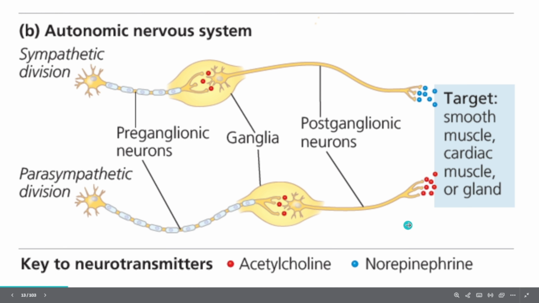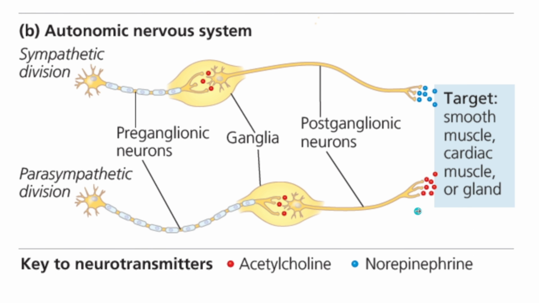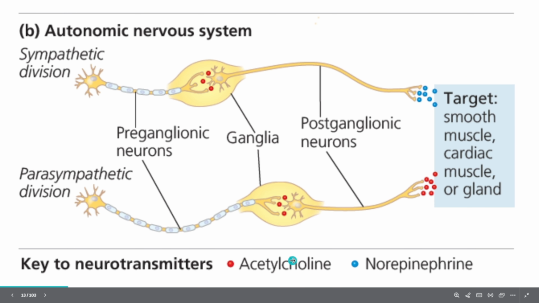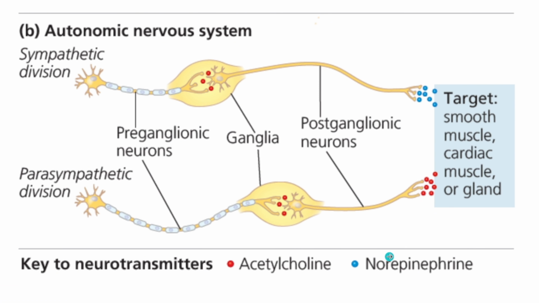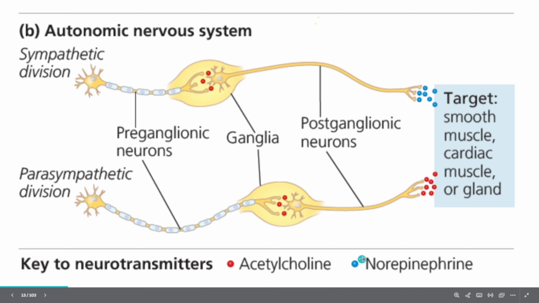If you still remember in the last chapter, chapter 9, in the regulation of heartbeat, you know that acetylcholine will decrease your heartbeat rate, while noradrenaline will increase your heartbeat rate. That kind of mechanism. In this chapter, we will learn in more detail how these two neurotransmitters play this kind of role.